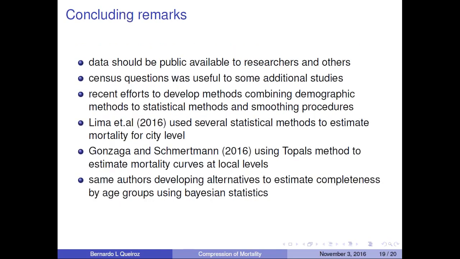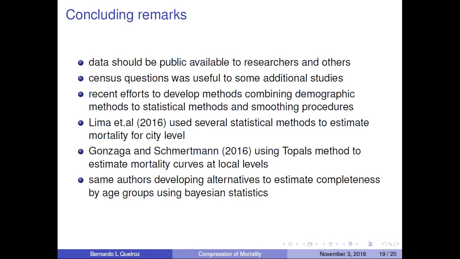And one thing that is important in the case of Brazil is that data being publicly available is very helpful, and also the experience with the census questions was quite useful for some additional studies and to compare with the vital registration.